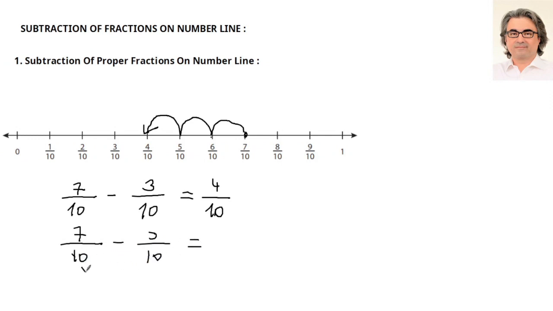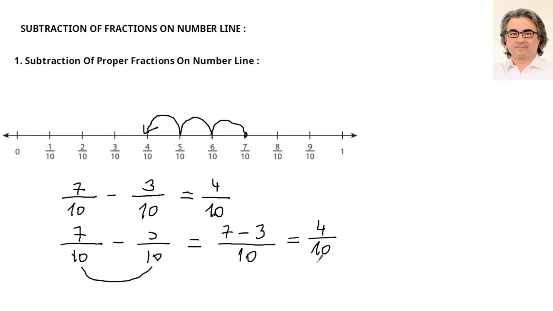Their denominators are equal to each other. So make the subtraction between 7 and 3, 7 minus 3 over the same denominator. Now this is only one fraction, you know. 7 minus 3 is 4, over 10.